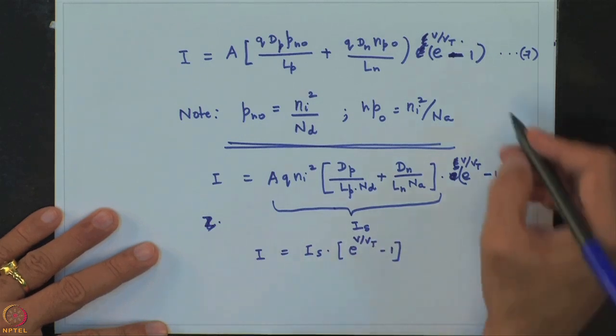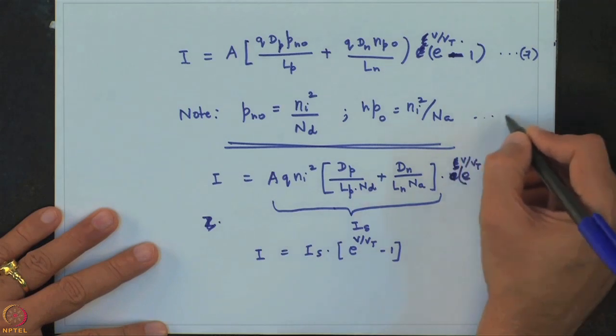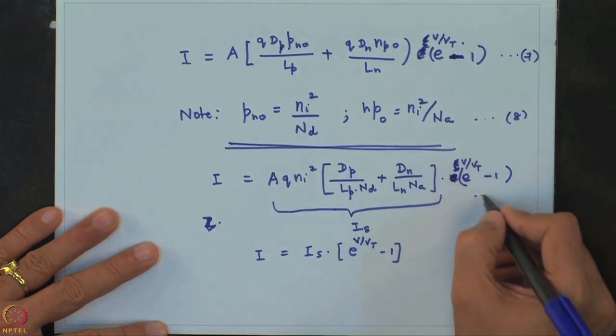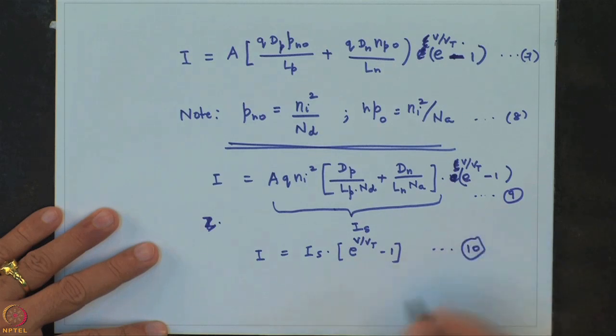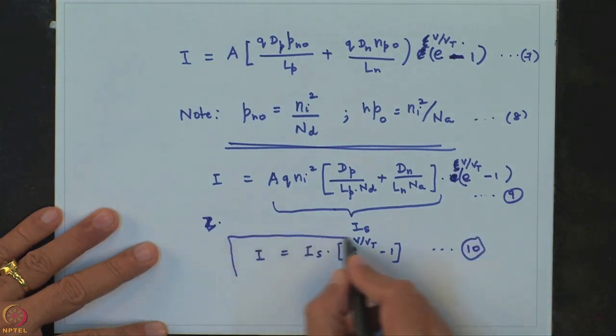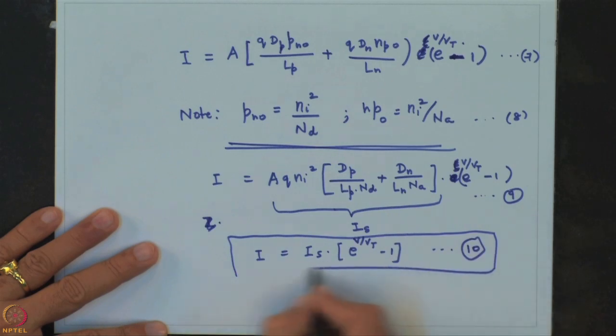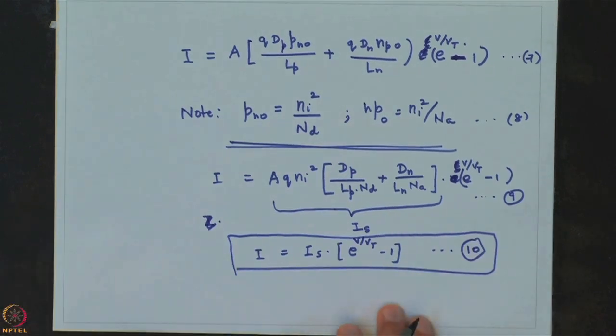If I number these previous equations as 8 and this one as 9, then I get this as equation number 10, which is nothing but the famous diode equation, which is used extensively in the analysis of the Pn junction.